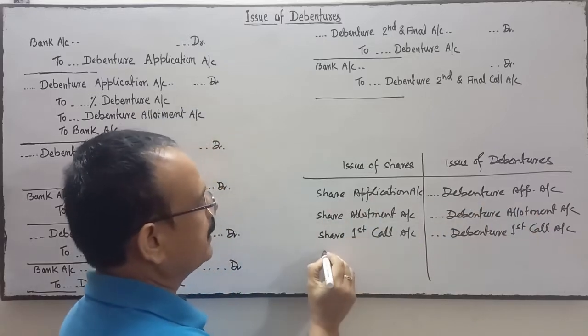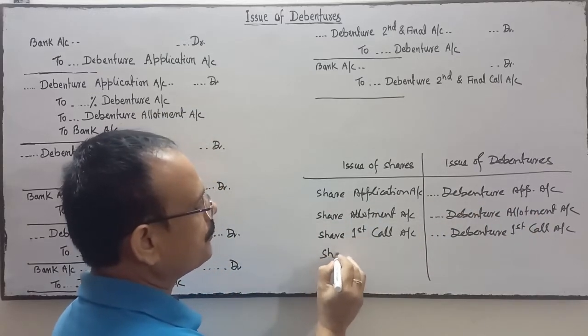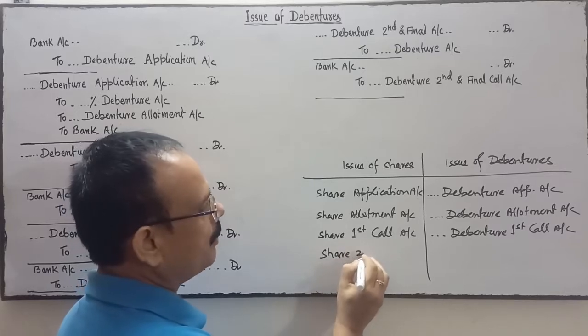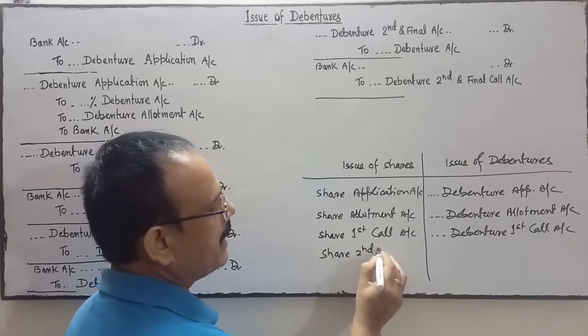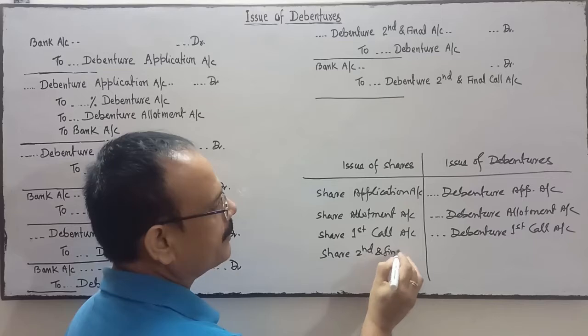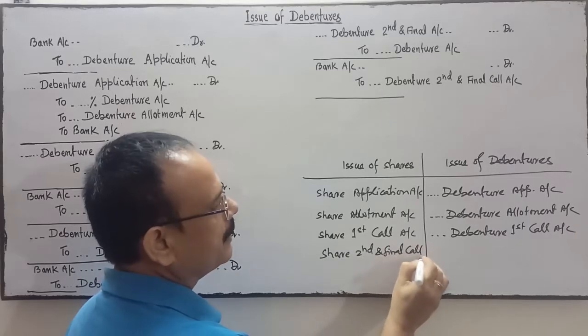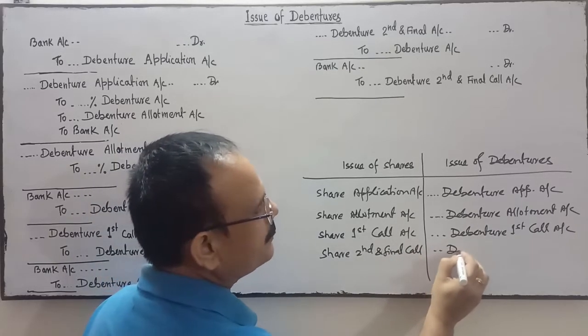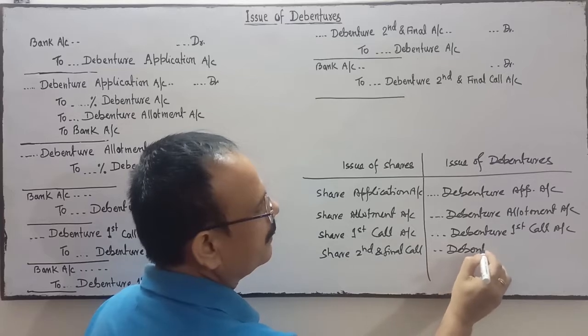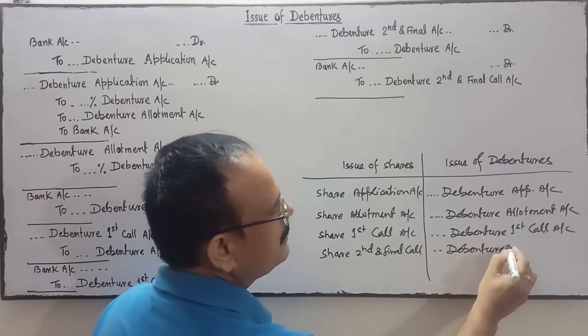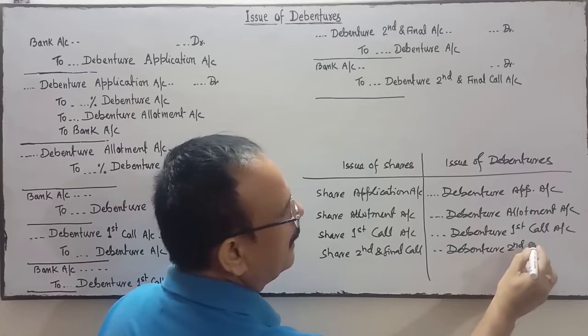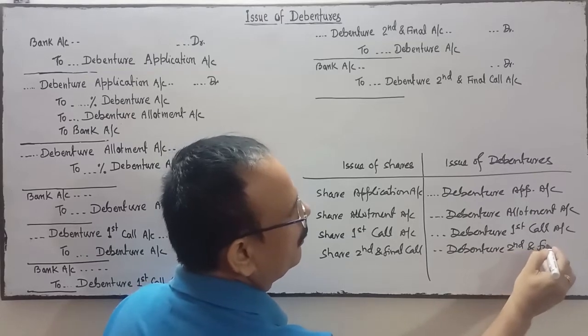In case of issue of share, at the time of second call, share second and final call account debit. Here we will write debenture second and final call.